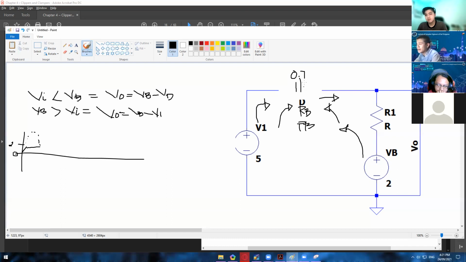Okay. And if you take a look at this one, we have positive 0.7. Okay, at this point, positive 0.7, and this one is negative 2. Oops. We should have 1.3, right? Okay, my bad.